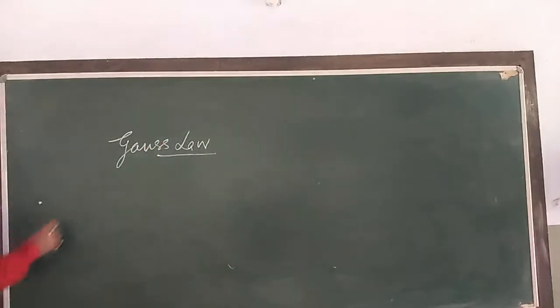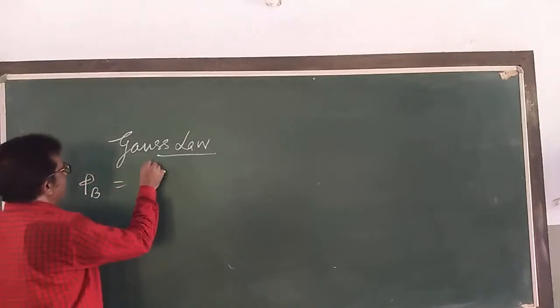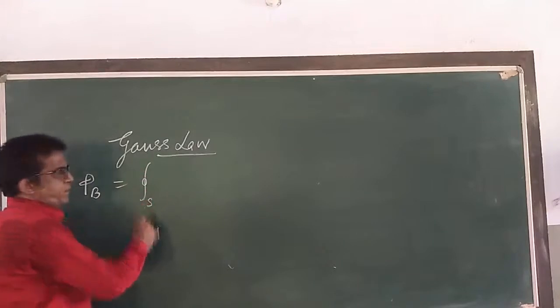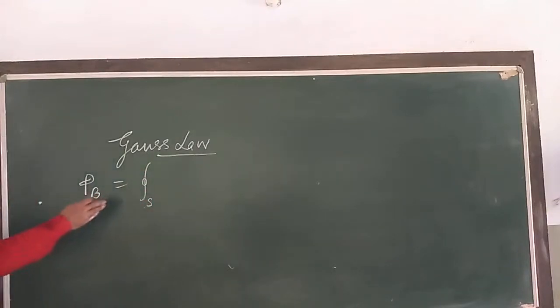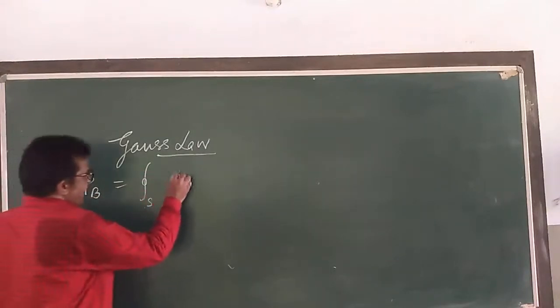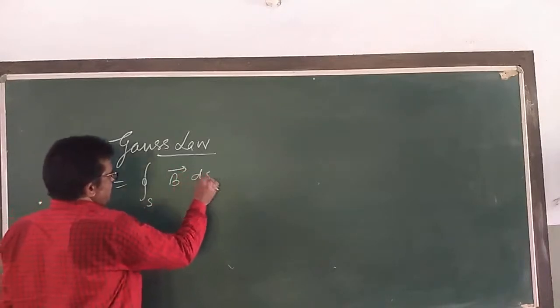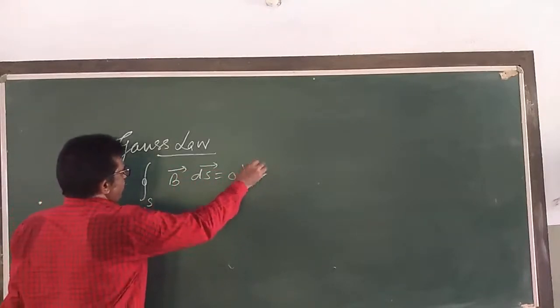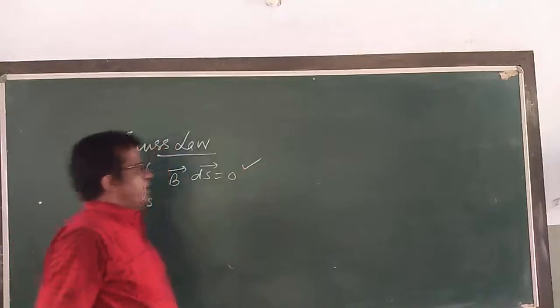In Gauss law in magnetism, the magnetic flux phi B through any closed surface is always zero. This is the integral over the closed surface of B dot dS. This is the theoretical formula given by Gauss.